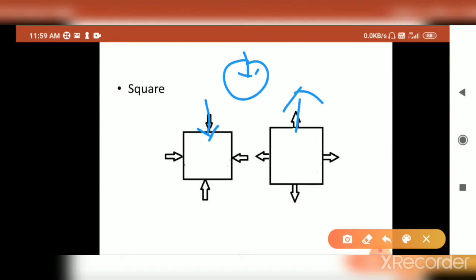But with a square or rectangle, you have to know whether the person is mentioned at the edges or at the corners. That information is very important in a square. Whether that person is sitting at the corners or at the edges.